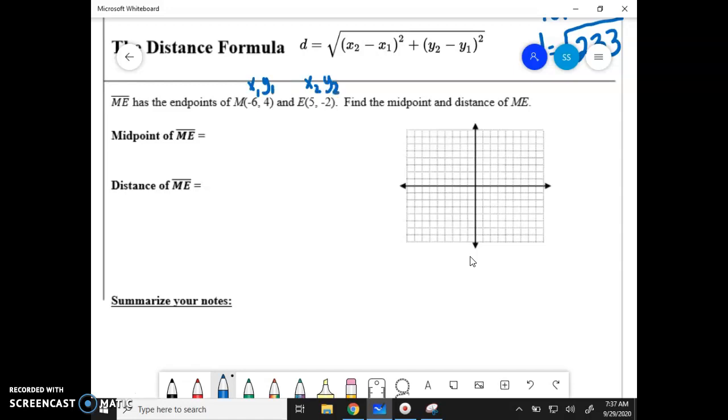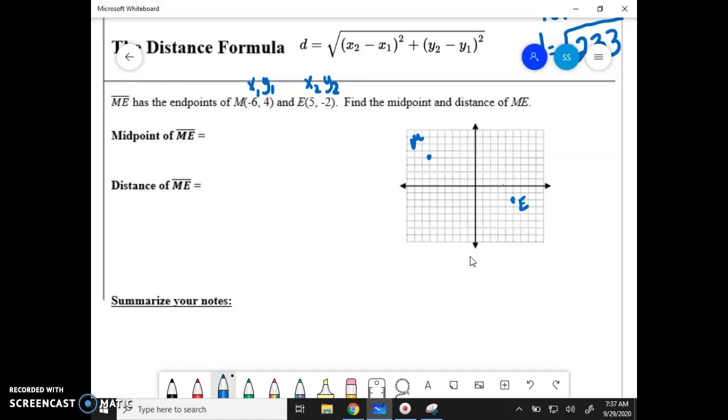Okay, so let's plot these points out. -6, 1, 2, 3, 4, 5, 6, and up 4: 1, 2, 3, 4. There's point M, and point E is going to be 1, 2, 3, 4, 5, down to 1, 2.